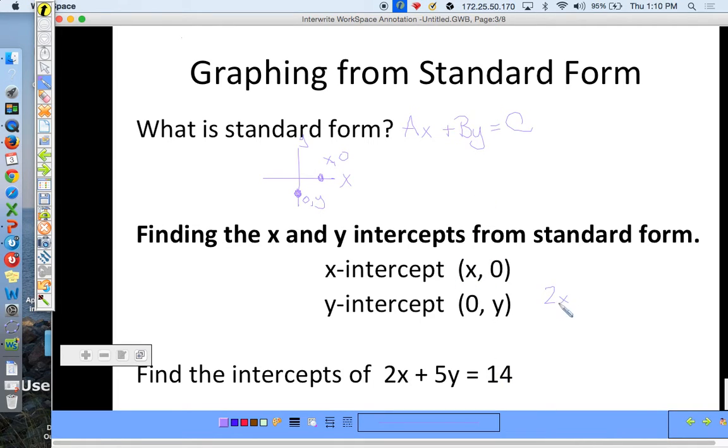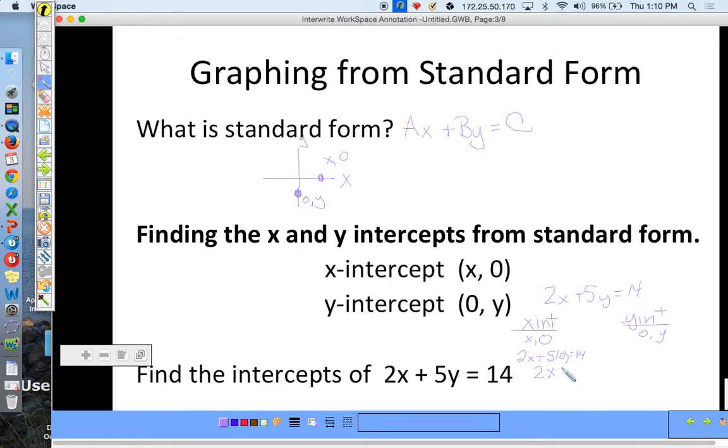So when we have 2x plus 5y equals 14, I usually think of it as your x-intercept, so we have x comma 0, and your y-intercept, so you have 0 comma y. So to find your x-intercept, y is 0. So we have 2x plus 5 times 0 equals 14.